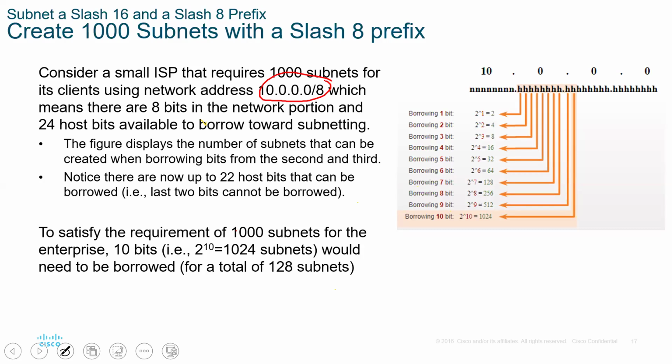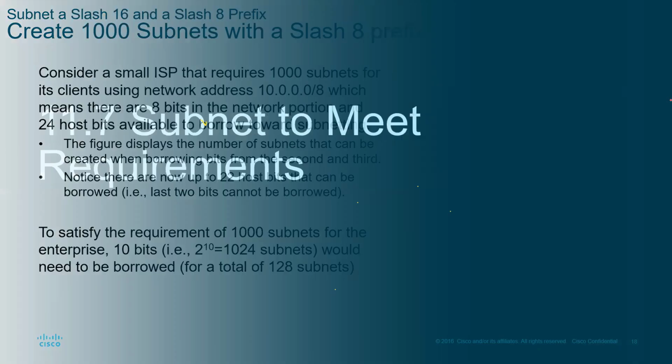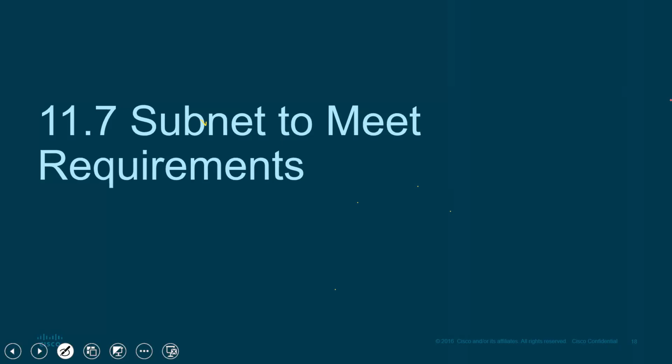Here, 2 raised to the power of 10 will give you 1,024. So what is this 10? This 10 is the number of bits that you're going to turn on. If you count from here to here, it will give you 10 bits. The remaining will be 0, and it will tell you the number of hosts that you will get in each of those subnets.